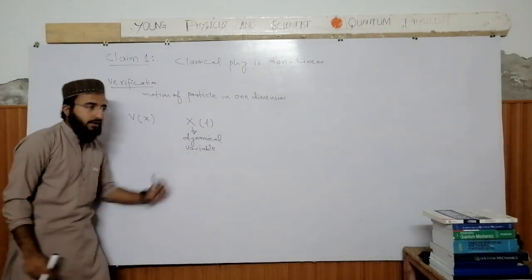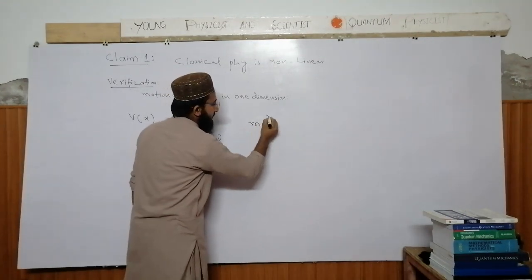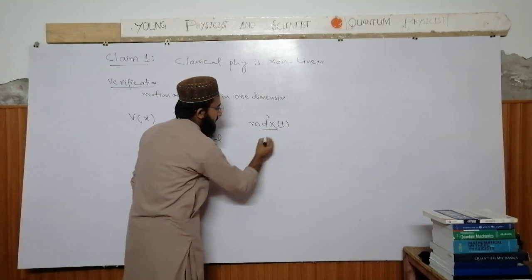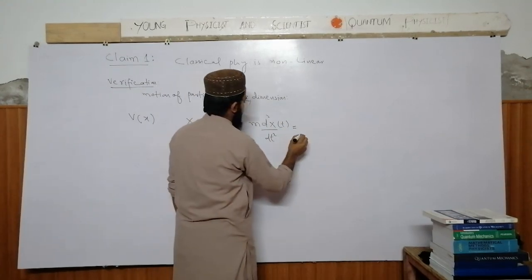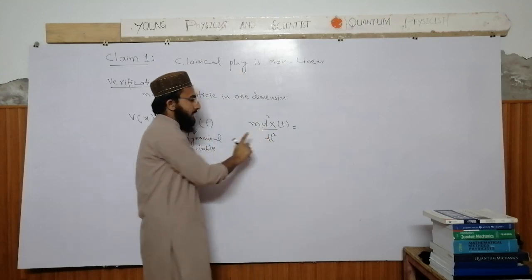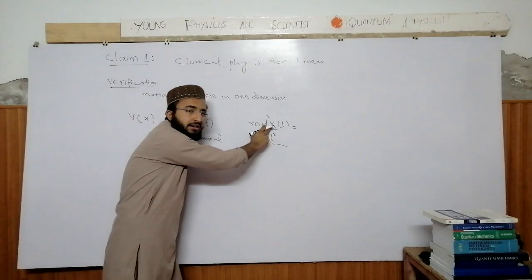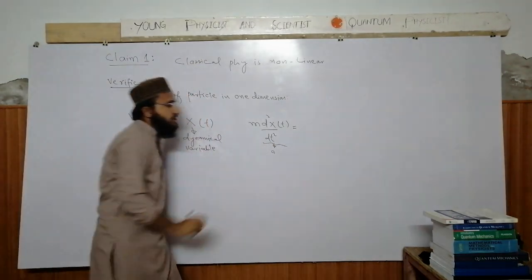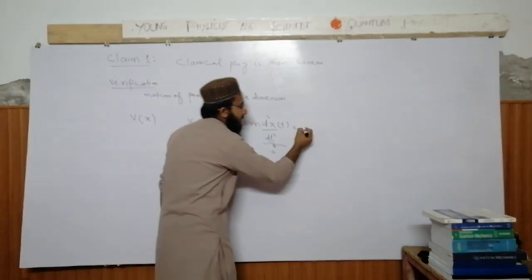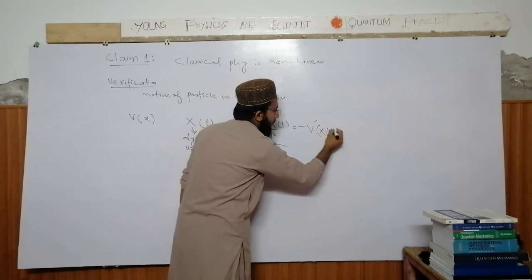Now we have the equation for the dynamical variable: m d squared x of t divided by dt squared equals minus V prime of x of t. The left side is mass times the second derivative of position, which is the acceleration.